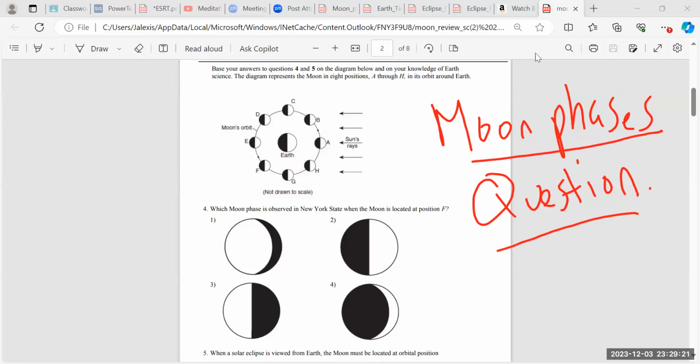It gives you a breakdown of this question and many other questions as well. So once again, numbers 1, 2, 3, moons and tides questions. Number 4, you can check out my moon phases question on my channel.